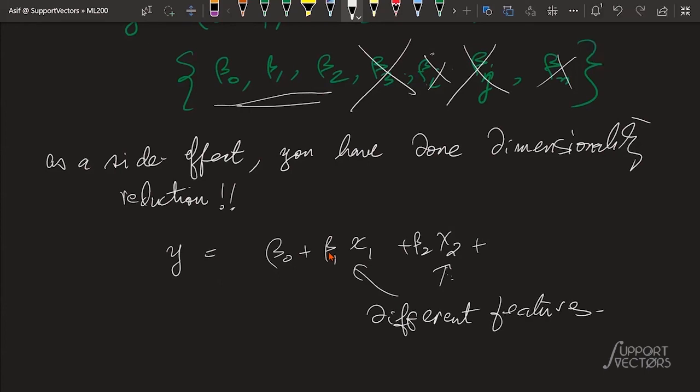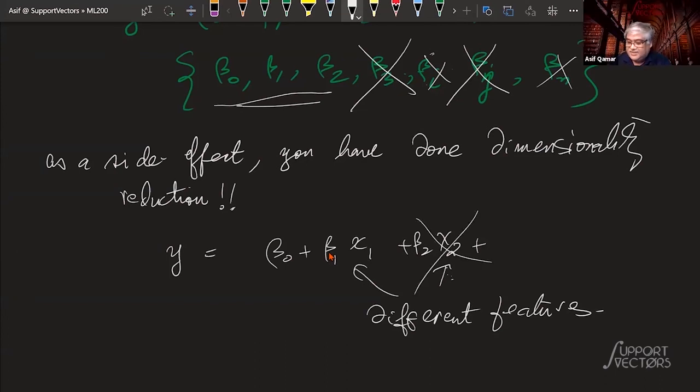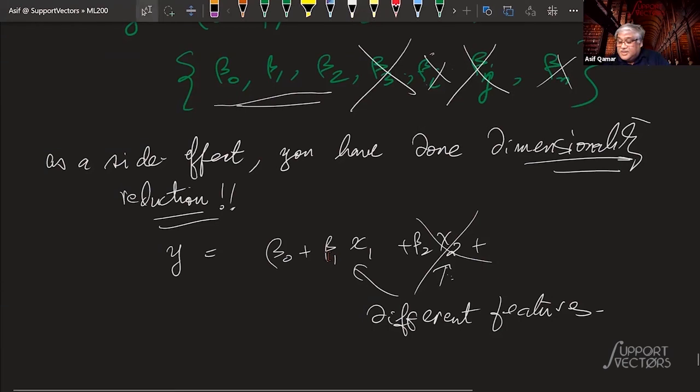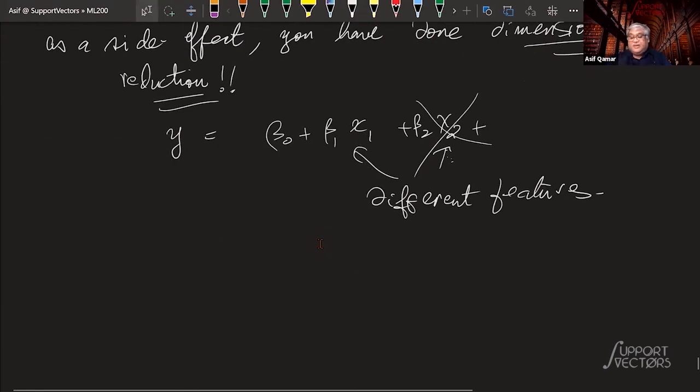This particular regression, the L1 norm, will start destroying some of these features, right? It will say that those features don't matter, you can get rid of them. You have removed those features from your feature space, therefore you have reduced the dimensionality of the problem, right? This is actually one of the great benefits of the L1 norm.